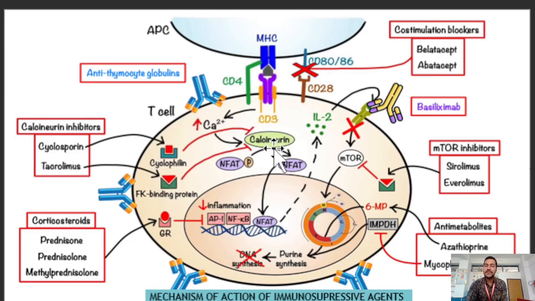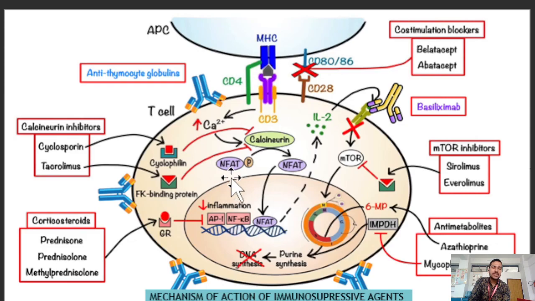Now, what is the function of this calcineurin? The main function of calcineurin is to dephosphorylate this NFAT, which stands for nuclear factor of activated T cell.